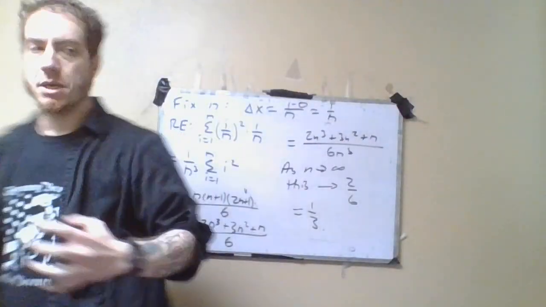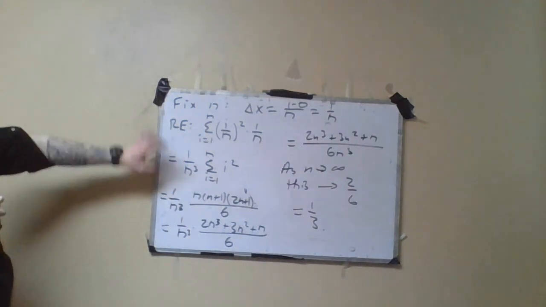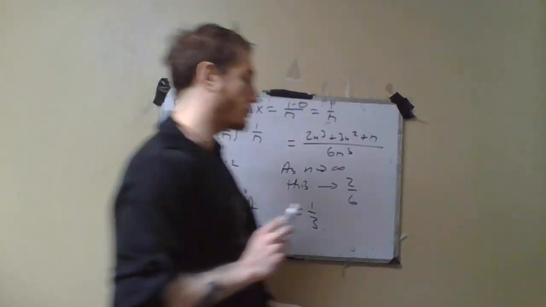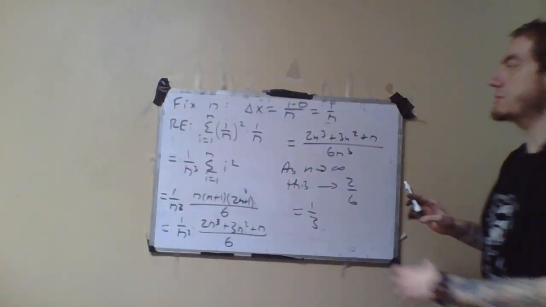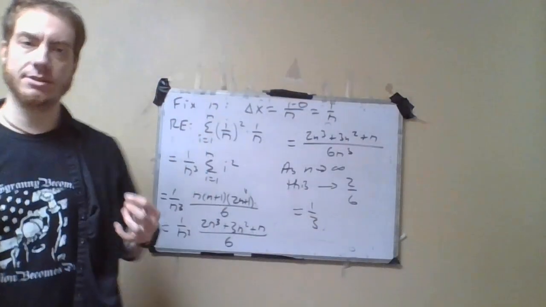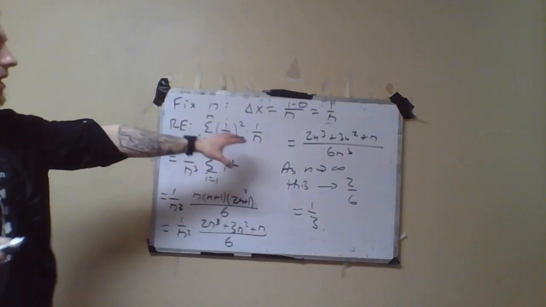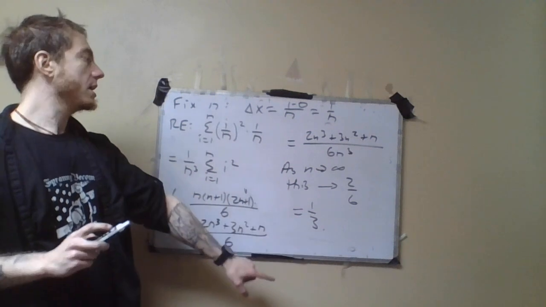But remember, these are just the right-hand endpoint Riemann sums. So these Riemann sums approach 1/3. And these are the maximal Riemann sums. The minimal Riemann sums also approach 1/3 by the argument that I just erased.